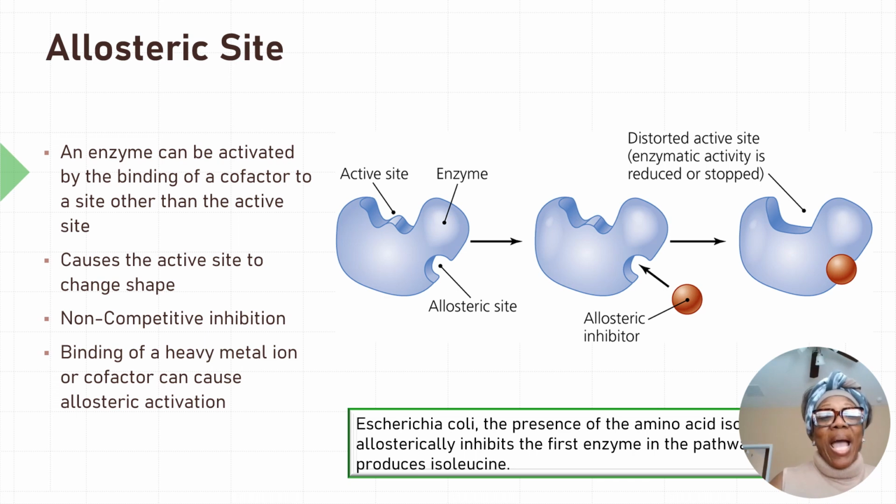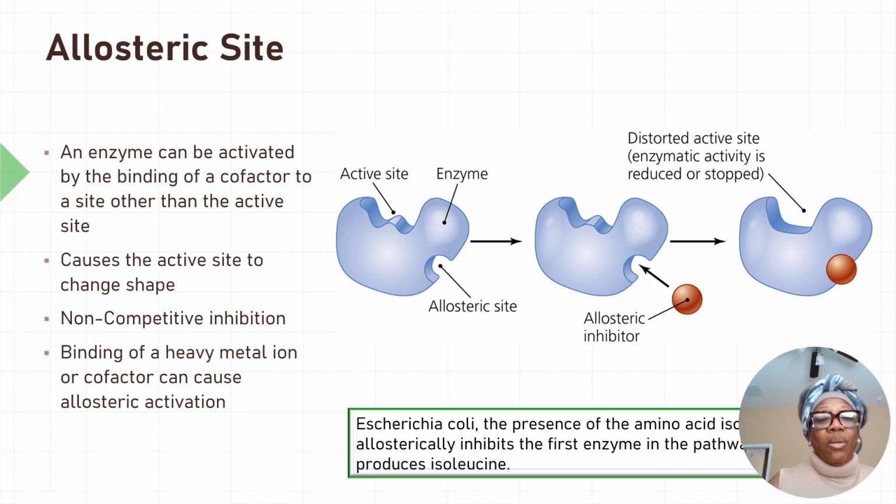So an enzyme can be activated by the binding of a cofactor to a site other than the active site. An allosteric reaction causes the active site to change shape. It's non-competitive because it's not competing directly with the active site of the enzyme. It's binding somewhere else, but it does cause that active site to change shape. And this could be anything.